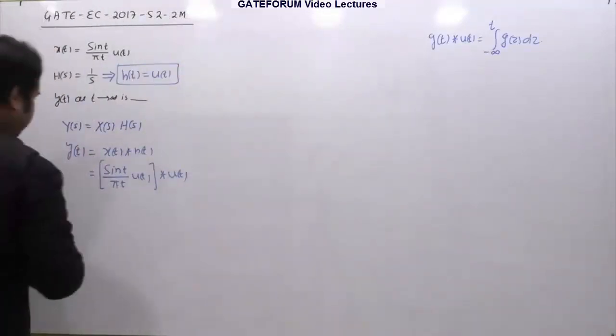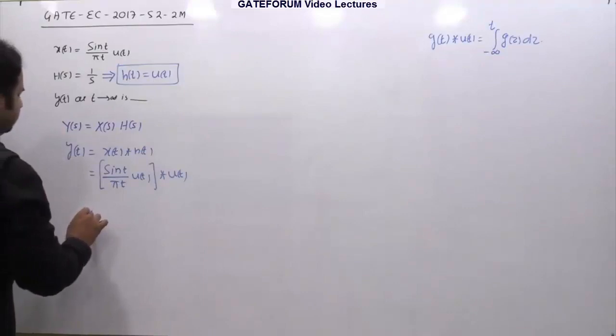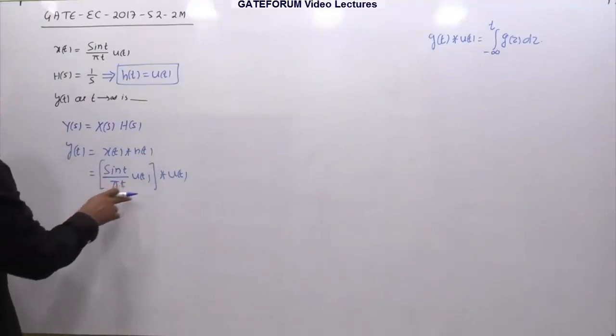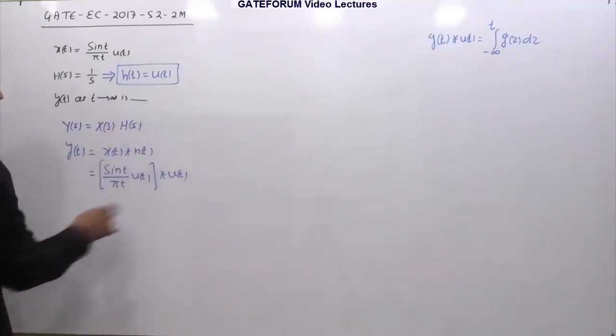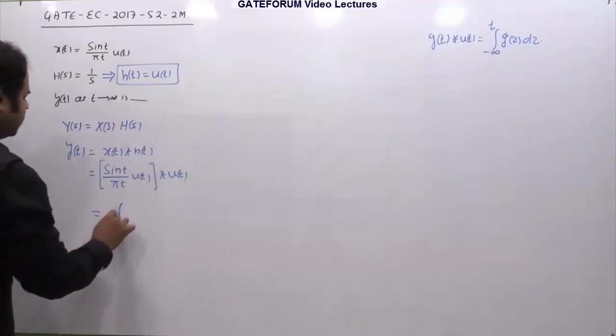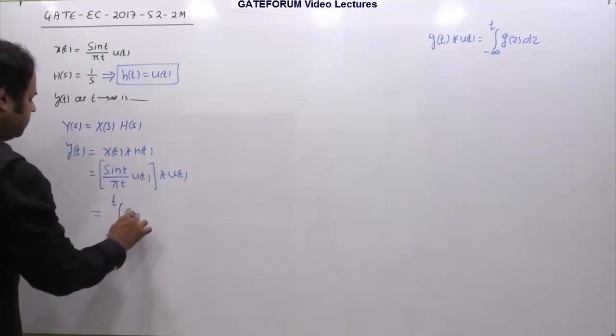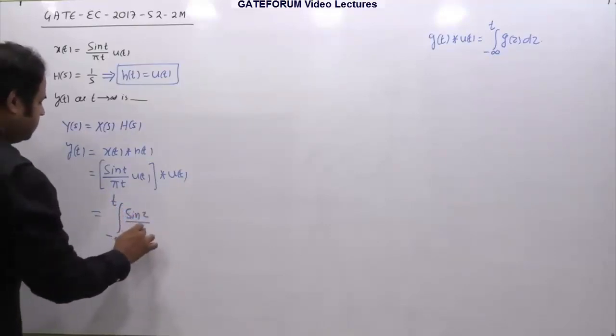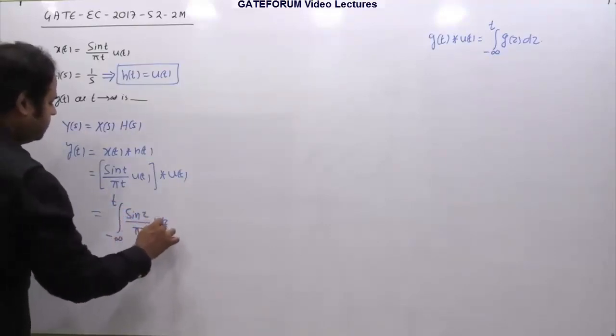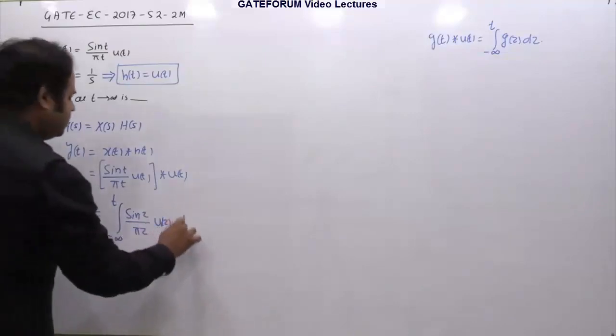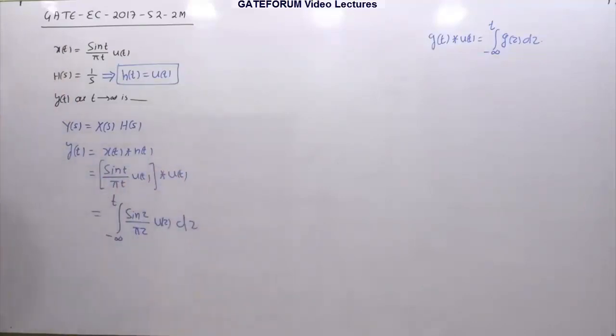So if this is correct, then we can write this equation as, you can think of this as g(t) and this is u(t). So this can be written as the integration from minus infinity to t of sin tau/(pi tau) u(tau) d tau, right?